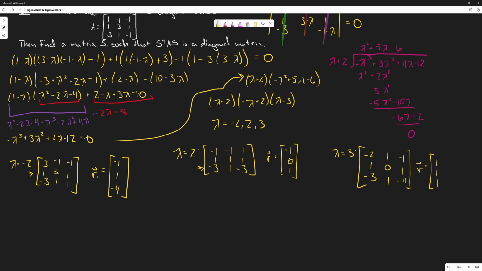So that will mean it'll be negative 2 plus 1. Oh no, this will be negative 1. It'll be negative 2 plus 1, which will be negative 1, plus another 1 will be 0. And the second row will be 1, 0, minus 1, 0. And the third row will be negative 3 plus 1, and that'll be negative 2 plus 4, that'll be 2. Okay, so this one will not work.